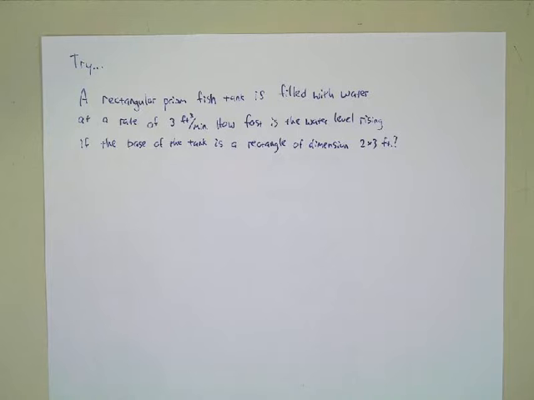Length times width times height, so the volume of this rectangular prism is 6 times h. So the derivative of that would be dV/dt equals 6 dh/dt. dV/dt is 3.